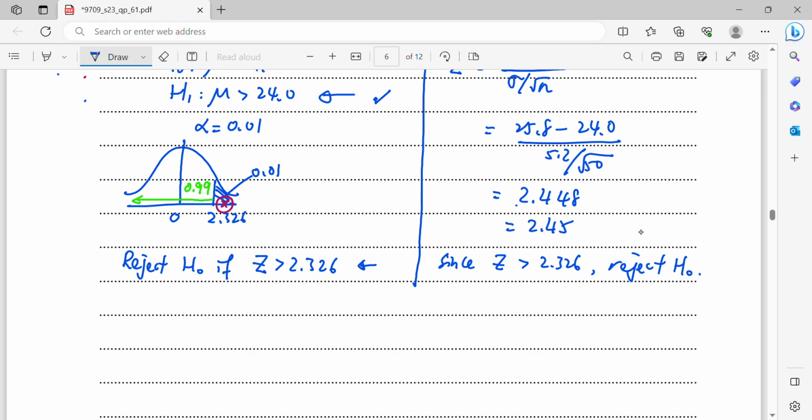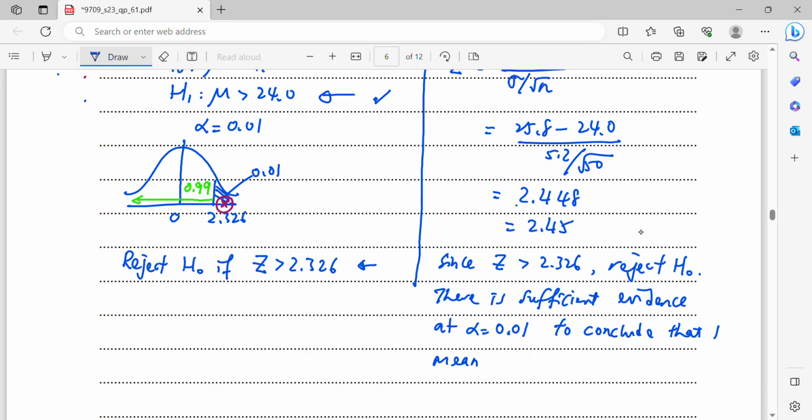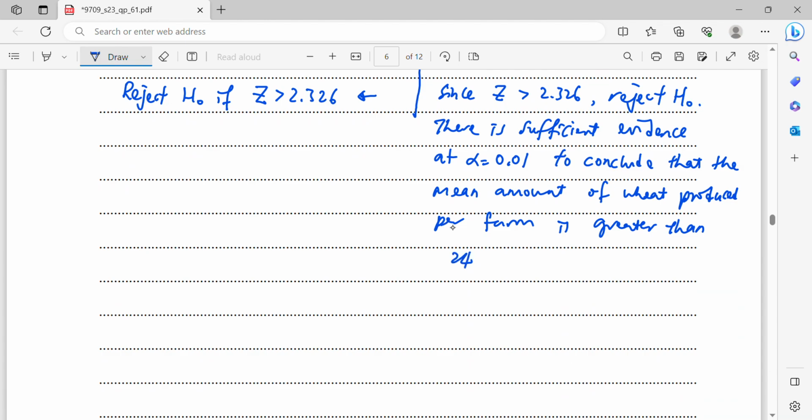So then here you write, there is sufficient evidence at alpha equals 0.01 to conclude that the mean amount of wheat produced per farm is greater than 24.0 tons.